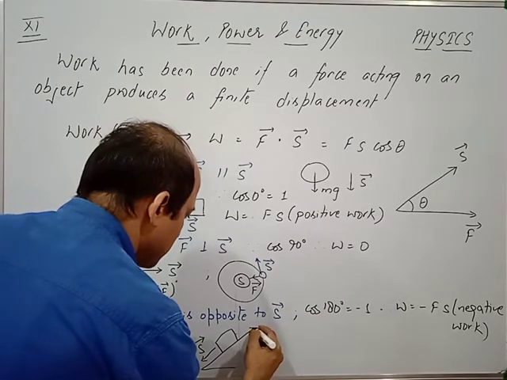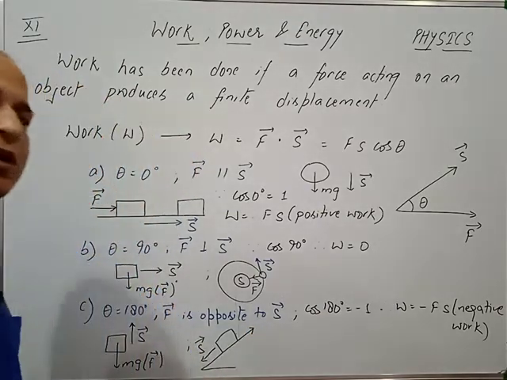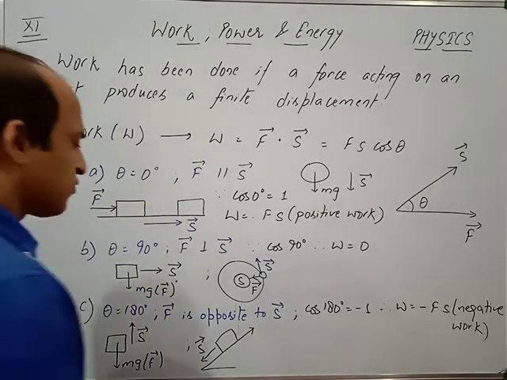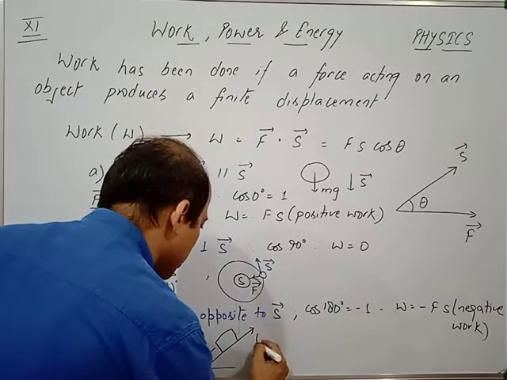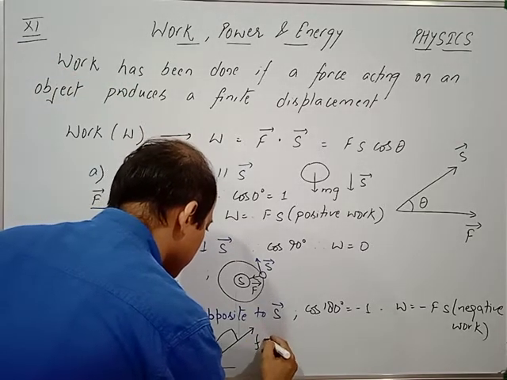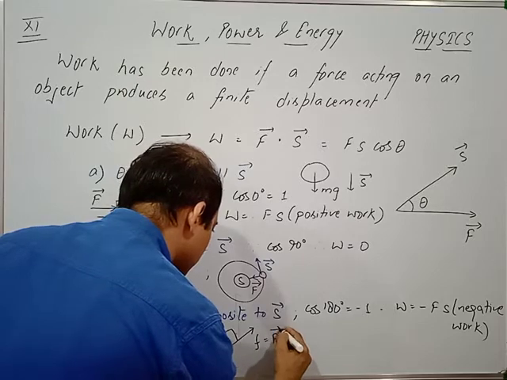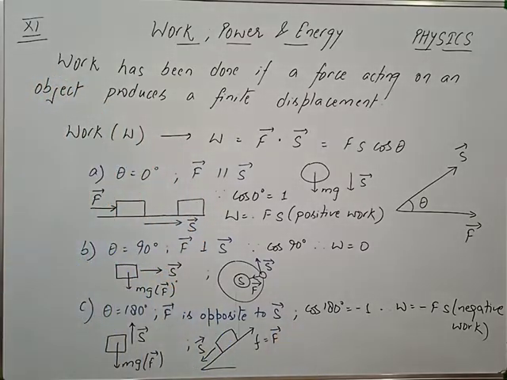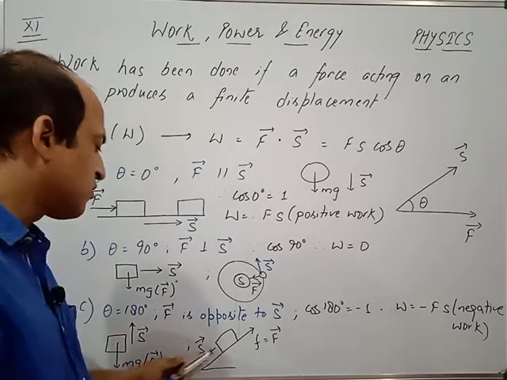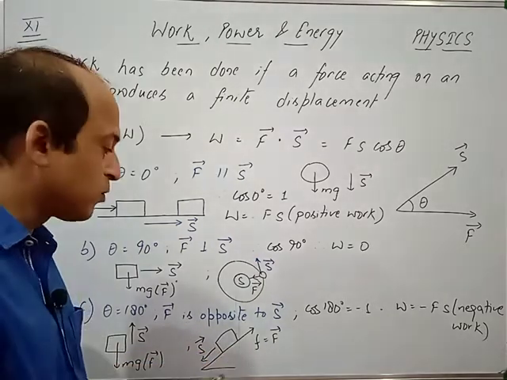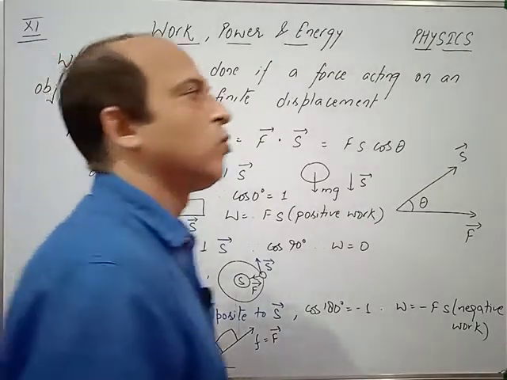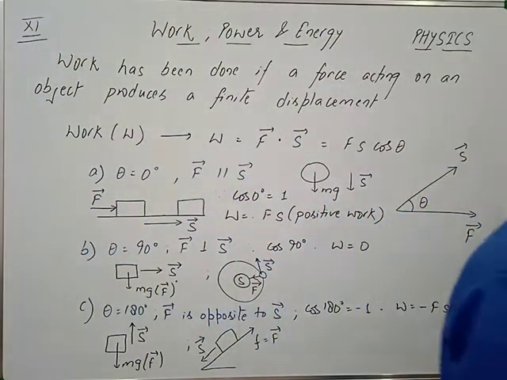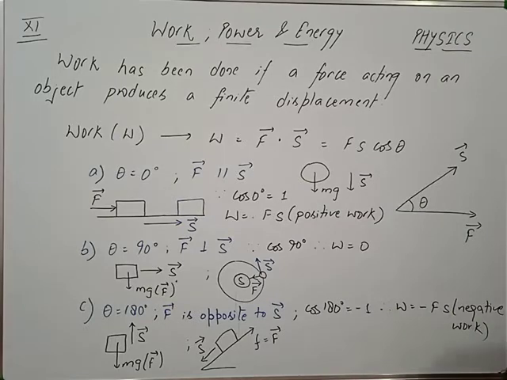Frictional force will oppose the motion of the block, and this friction will be acting parallel to the incline but in the upward direction. So this is my force vector: frictional force is the force vector, and displacement is parallel to the incline in the downward direction. If you compare the directions of these two, they are opposite to each other. So again, work done by friction in this case is negative.